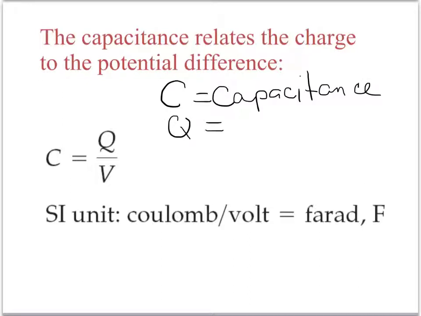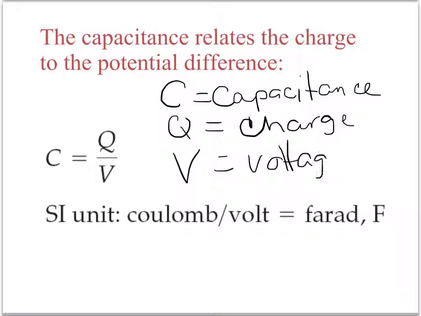We will use a capital Q in this case to differentiate between a point charge of an electric field and a charge of a whole plate. And V is our potential difference or voltage. Our SI unit for capacitance is a coulomb divided by a volt, which is also called a farad.